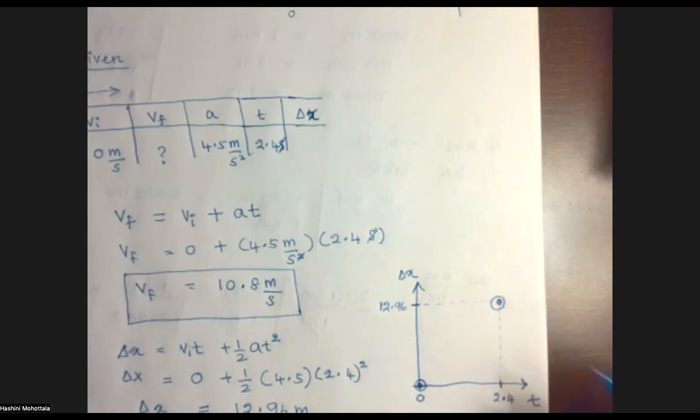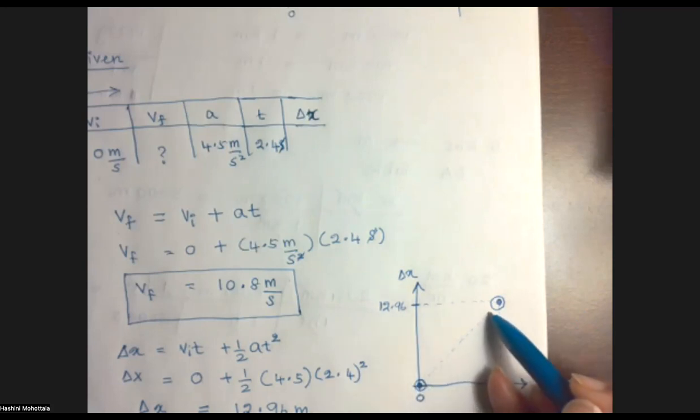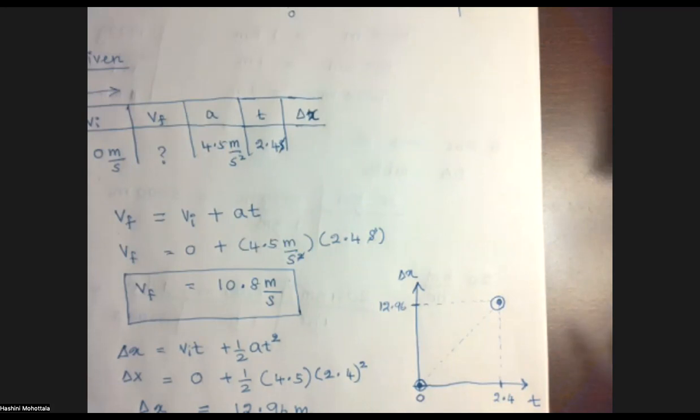Now what happens in between? Now you recall the slope graphs that we did in the class. So in a delta x versus time graph, the slope always gives us the velocity. So if I draw a straight line from here to here, that indicates our velocity is constant. But as you guys saw, the velocity is not a constant.